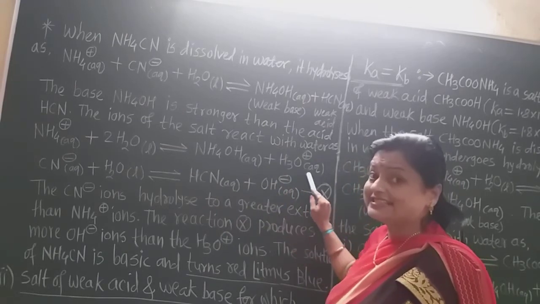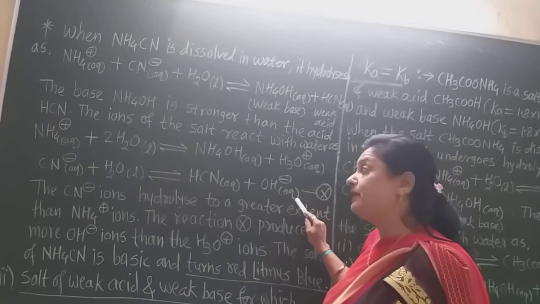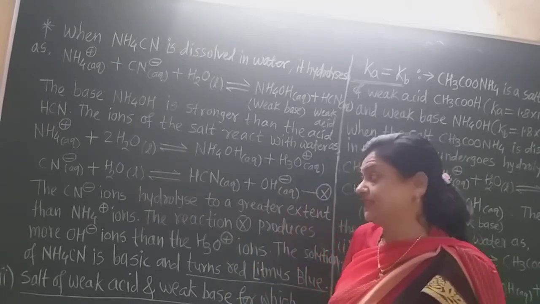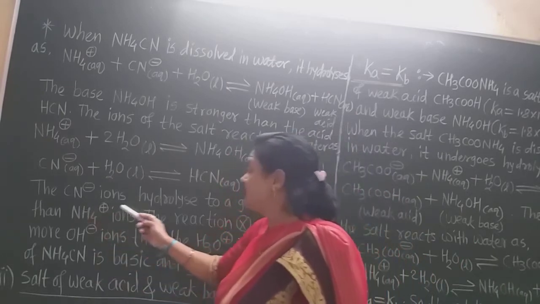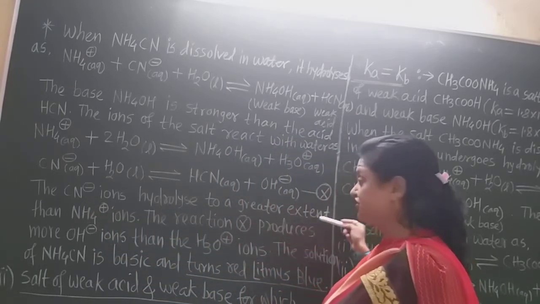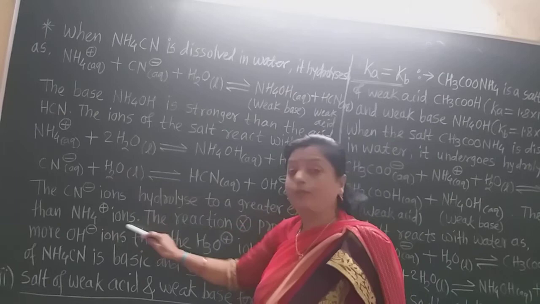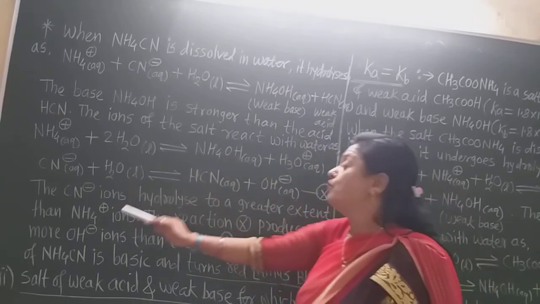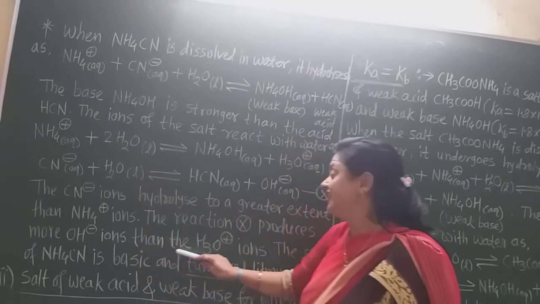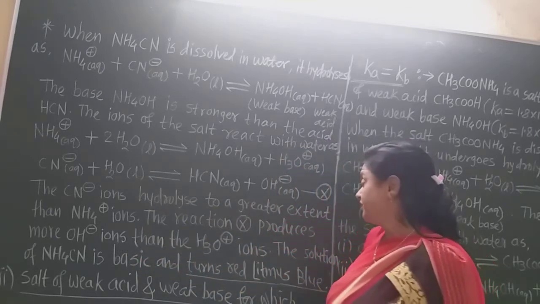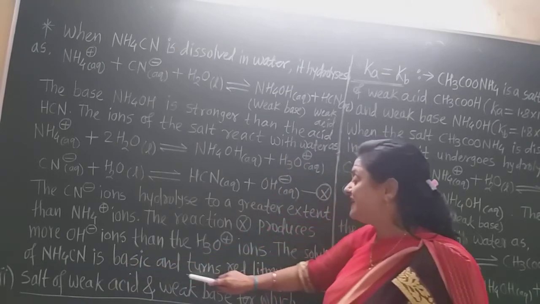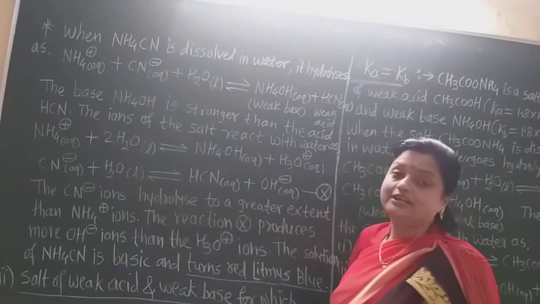As there is an excess of hydroxyl ion, what happens? Definitely the solution will become alkaline, that is, basic. The CN- ions hydrolyze to a greater extent than the NH4+ ions, and reaction X produces more OH- ions than H3O+ ions, and therefore the solution is basic and turns red litmus blue.